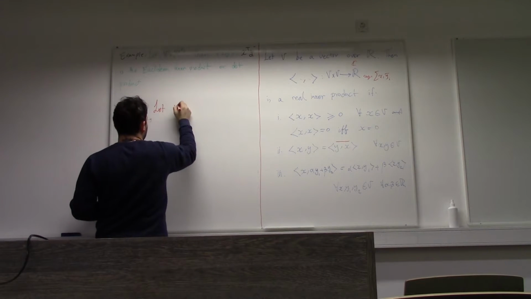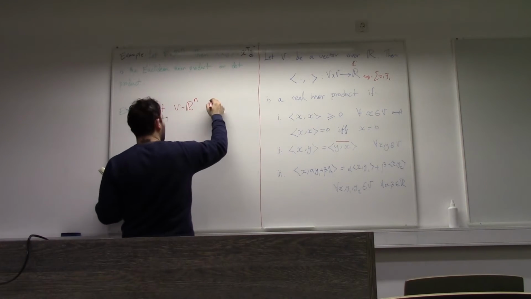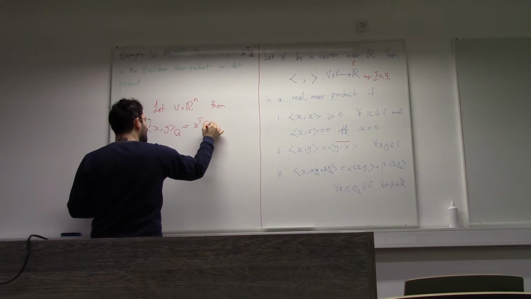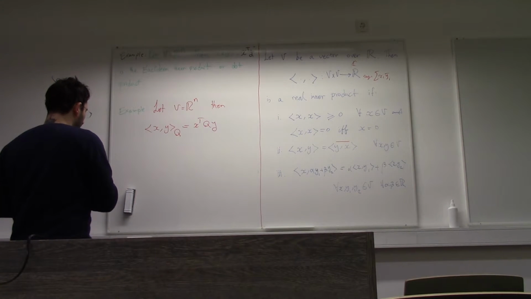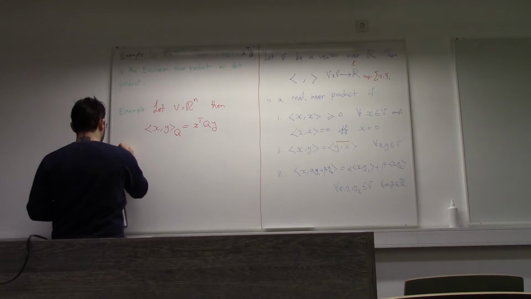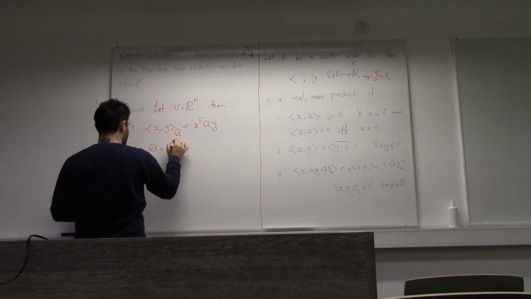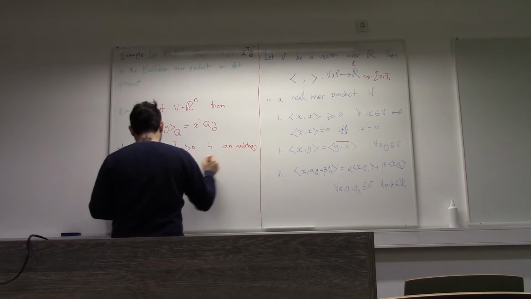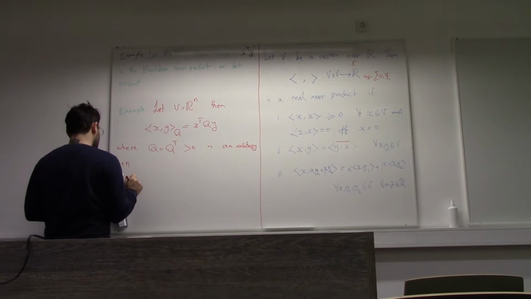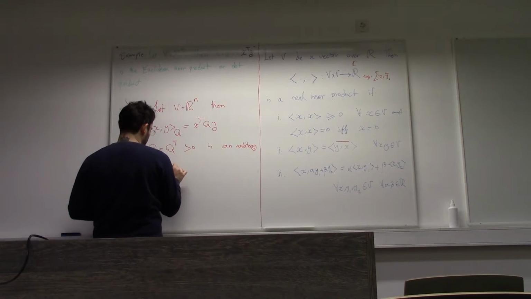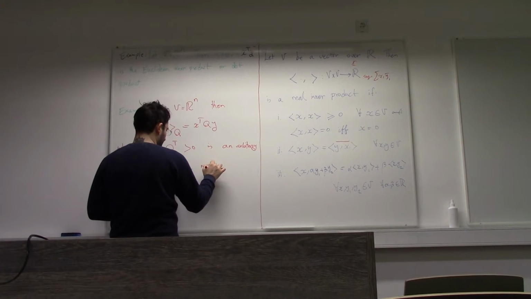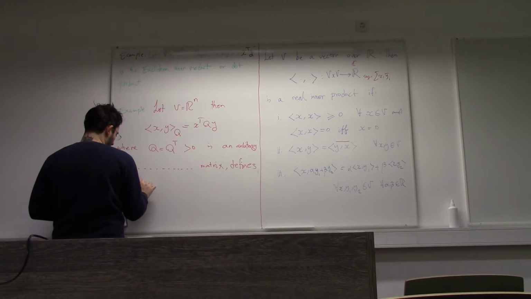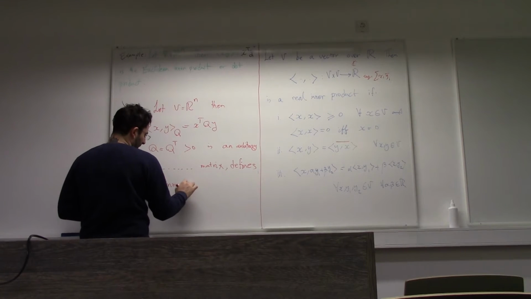Now again, let V be Rn, so the vector space is Rn, where Q is an arbitrary n by n matrix that defines a weighted inner product.